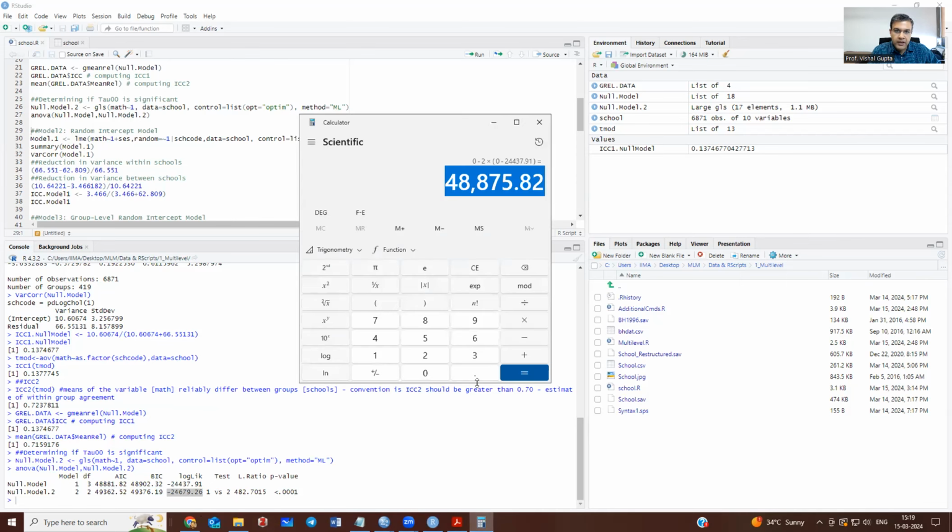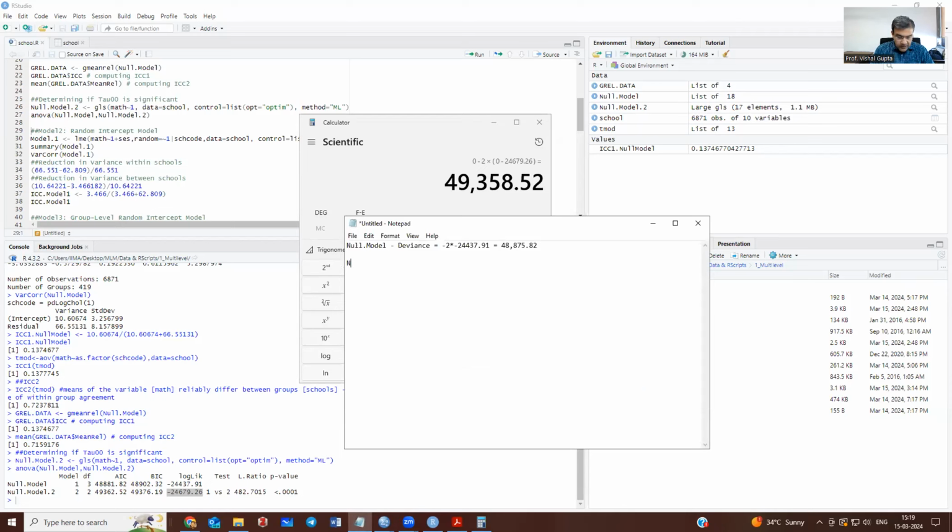So if we open our calculator again and do the same, let us compute our deviance once again. -24679.26. Okay, we get 49.